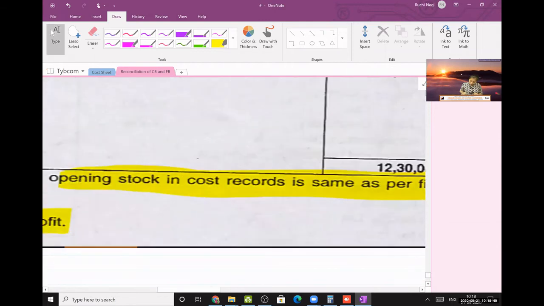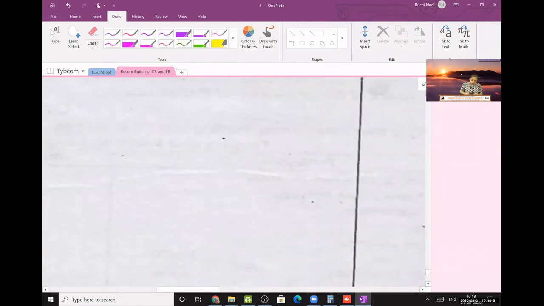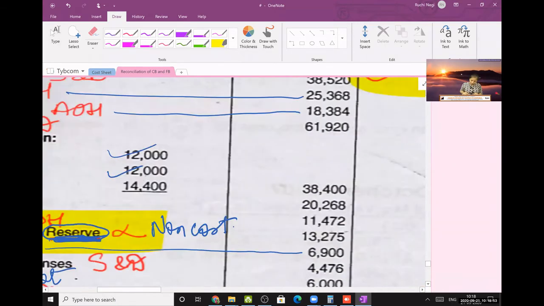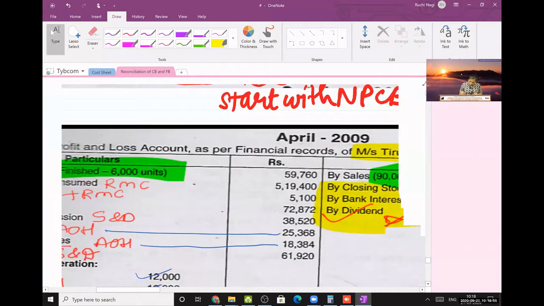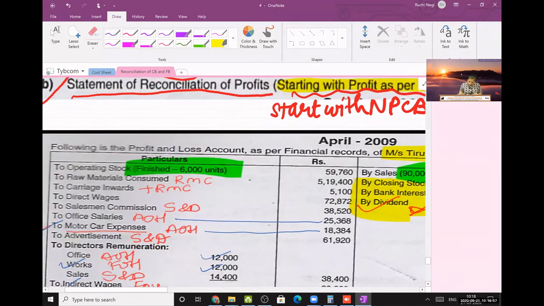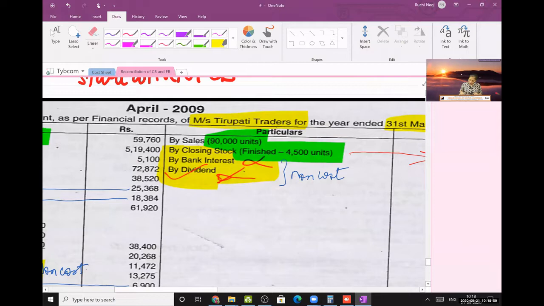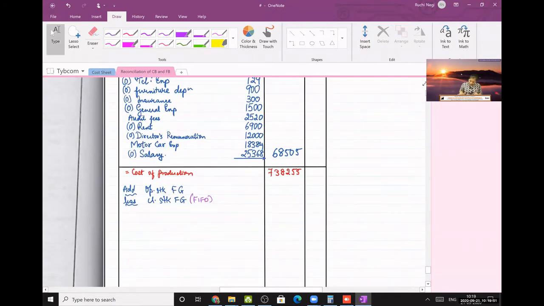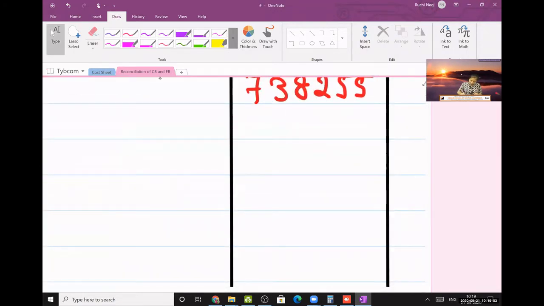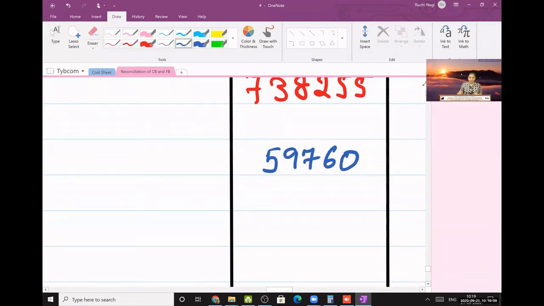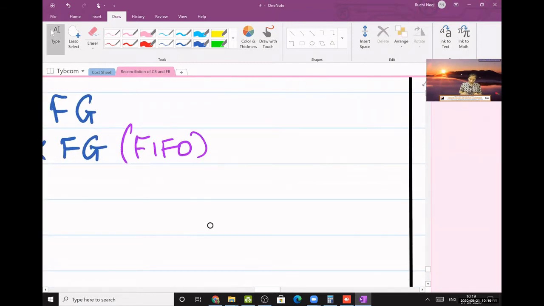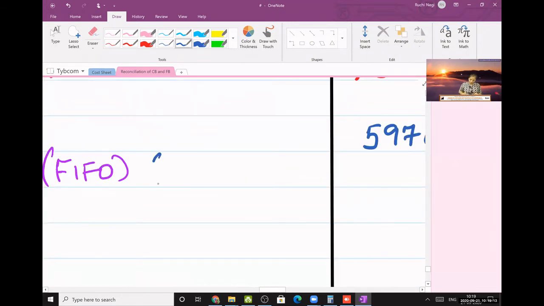They have said it should be same as financial records. So in the financial books, closing stock, opening stock is how much? 59,760. Okay. So I did here 59,760. And then closing stock 4,500 multiplied with FIFO.